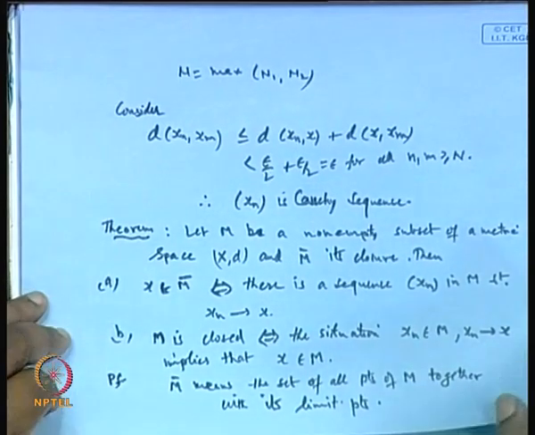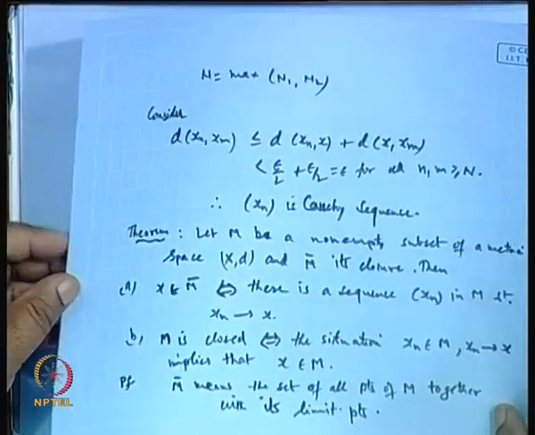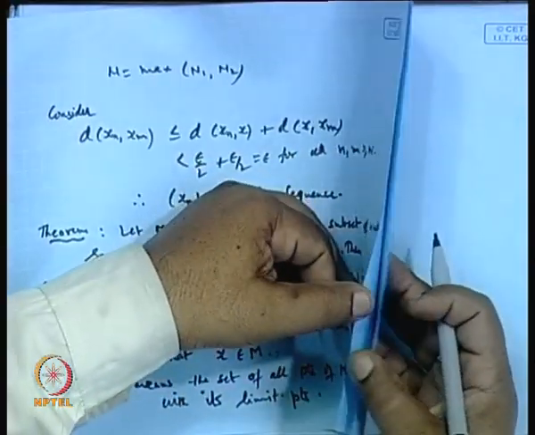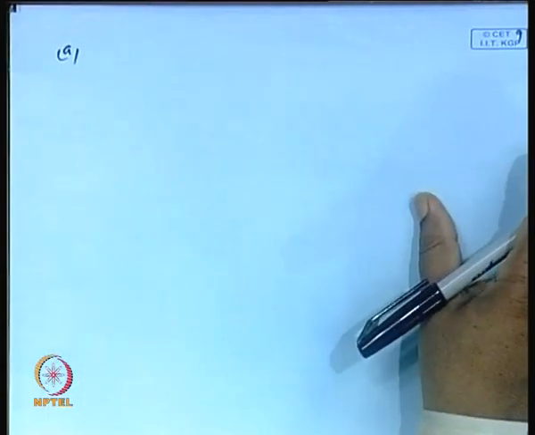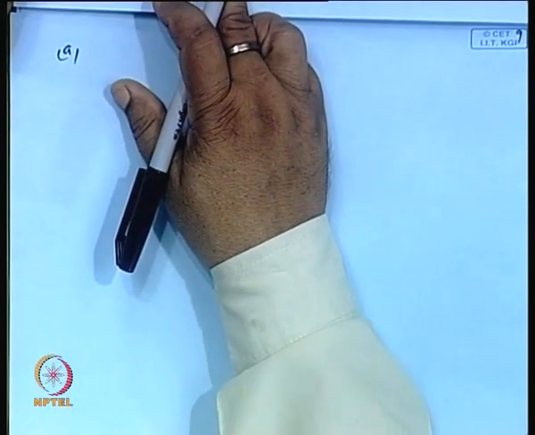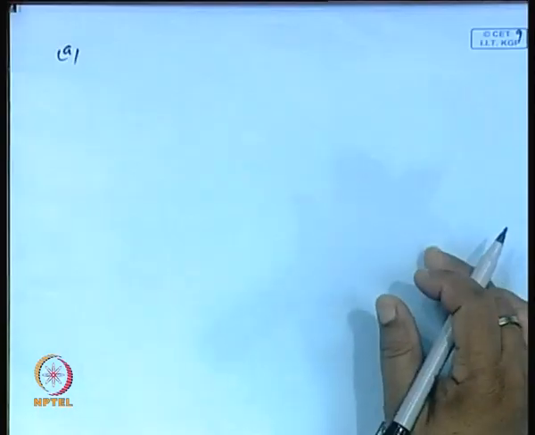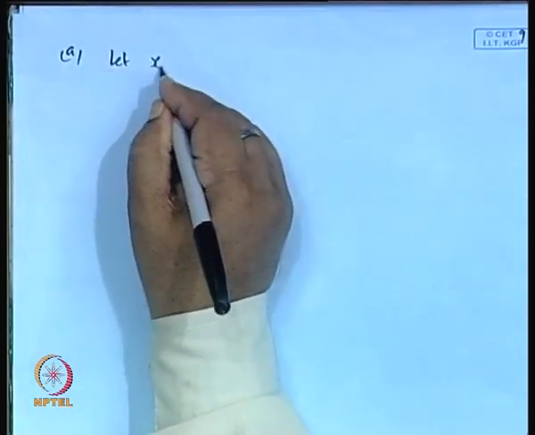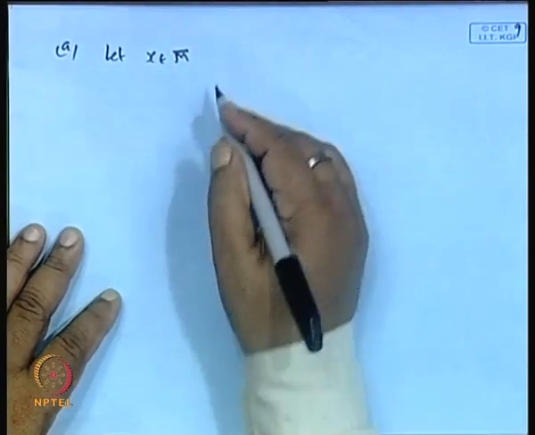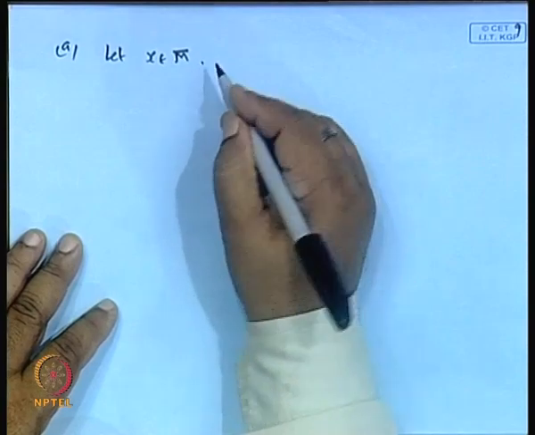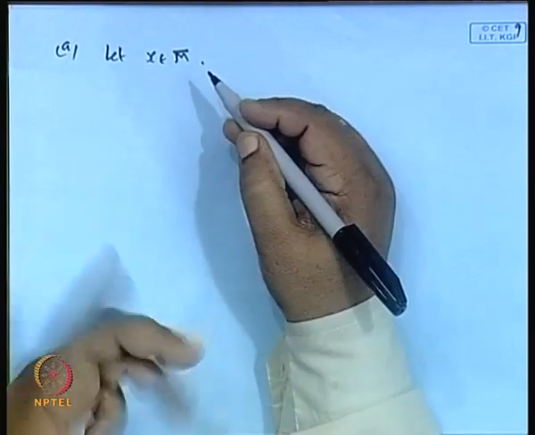So, we will prove the first part, that is part A. What we want is: x belongs to M bar, then there is a sequence x_n in M such that x_n goes to x. So, let us suppose x is a point in the closure of M. The possibility is either x will be a point in M or x may be a limit point.